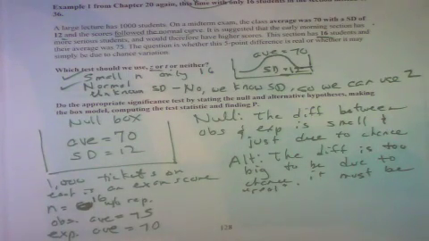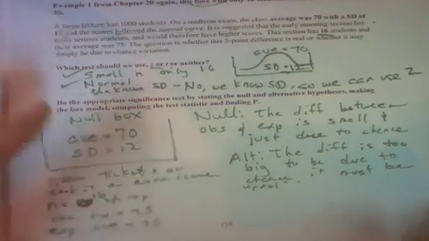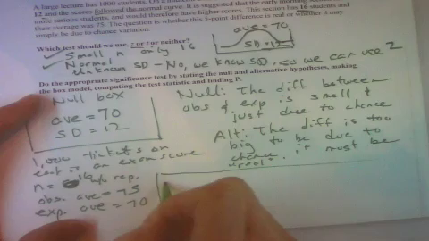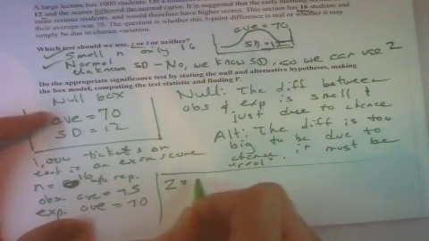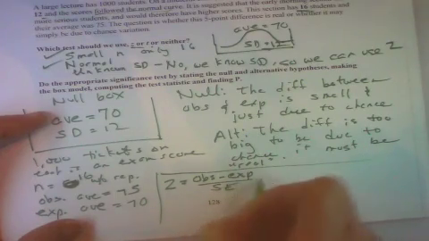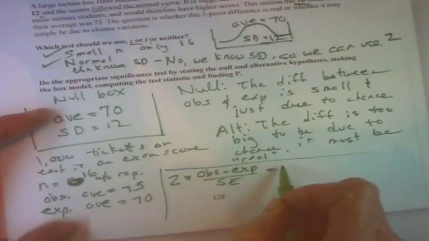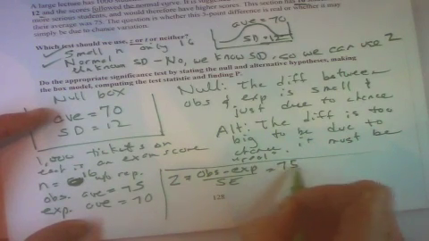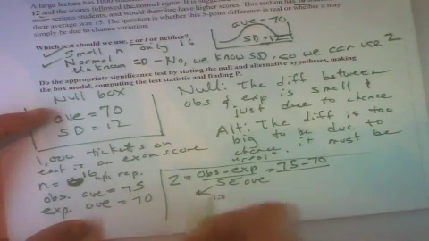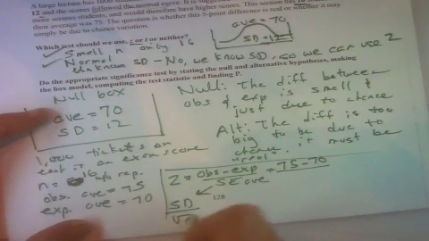Okay, so now what do we have to do? To find that out, we have to compute a z-score. So z is equal to the observed average minus the expected average, over a standard error. We observe 75, we expect 70, over the standard error for an average, which is SD over the square root of n.